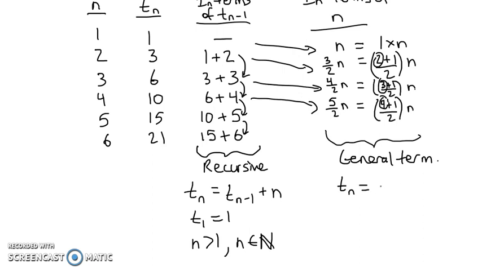So we can write that as n plus 1 divided by 2 times n. And here the restriction is that n has to be greater than or equal to 1, so we could just say that n is the set of all natural counting numbers. And so that's the general term and the recursive formula for triangular numbers.